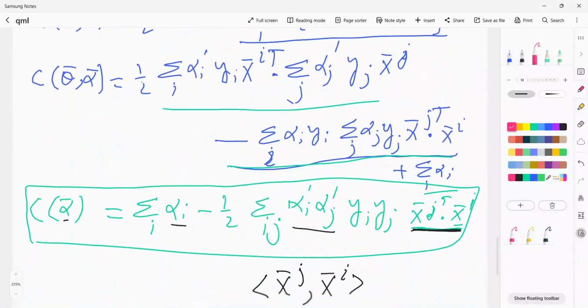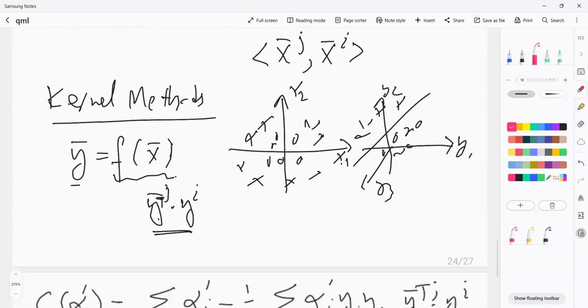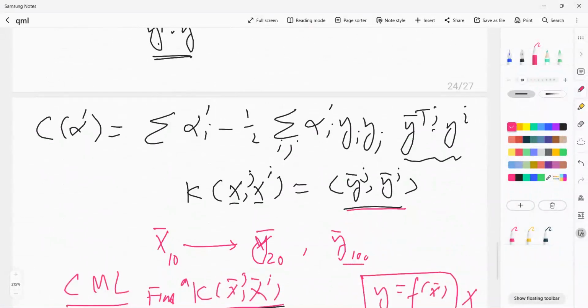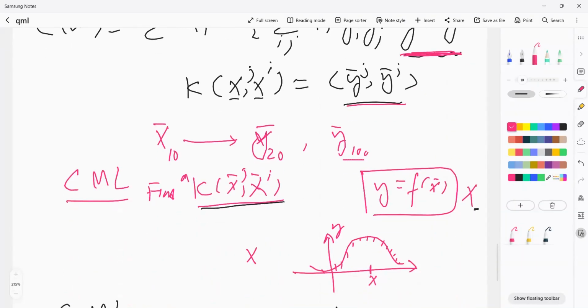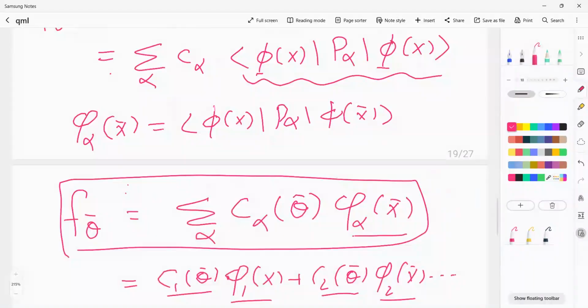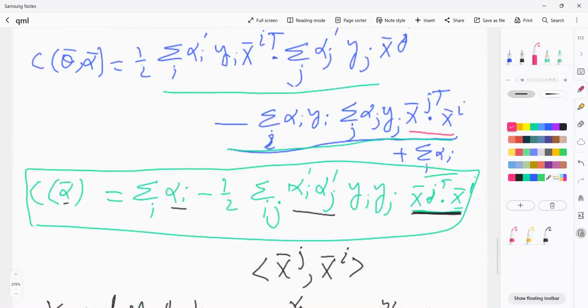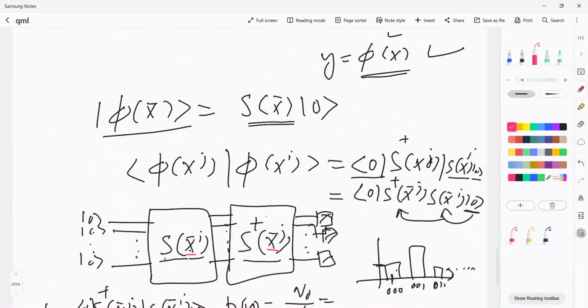There is only one difference: how you implement this feature transformation, whether you go to a higher dimensional space from X to Y through a classical transformation or through a quantum transformation. That only impacts this part. So in the classical SVM and in the quantum SVM, the only difference is how this kernel matrix is computed. Once the kernel matrix has been computed, we just go to a classical computer and implement the support vector machine optimization problem. Any questions?